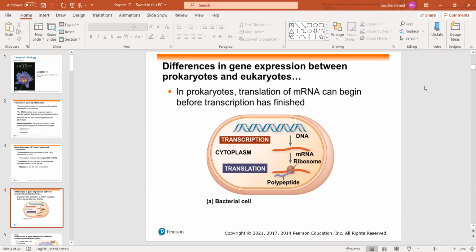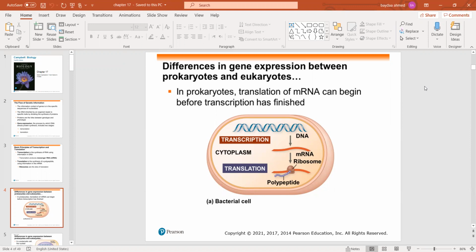Bacteria don't have nuclei. Therefore, nuclear membranes don't separate bacterial DNA and mRNA from ribosomes and other protein synthesizing equipment. The lack of compartmentalization allows translation of an mRNA to begin while its transcription is still in progress.